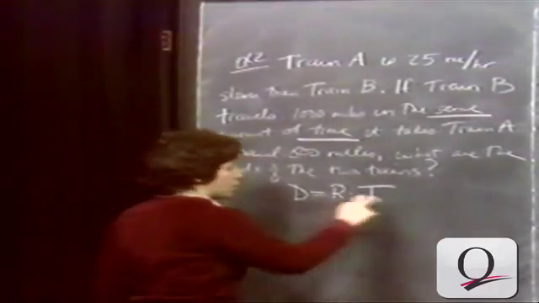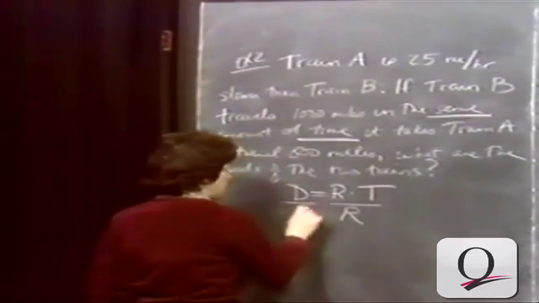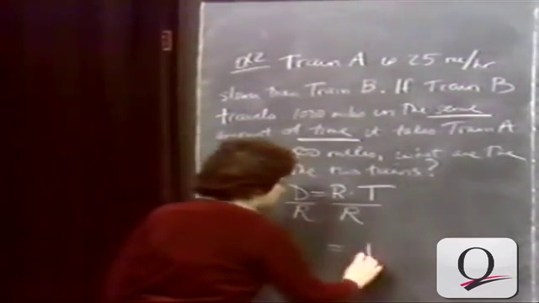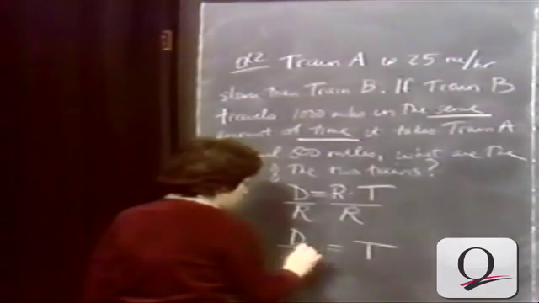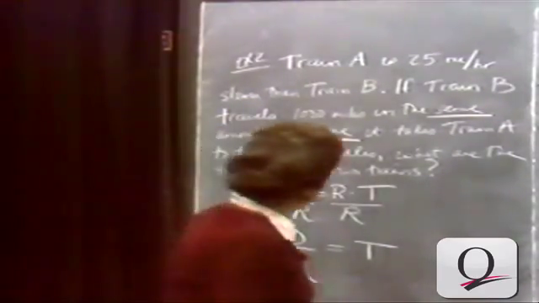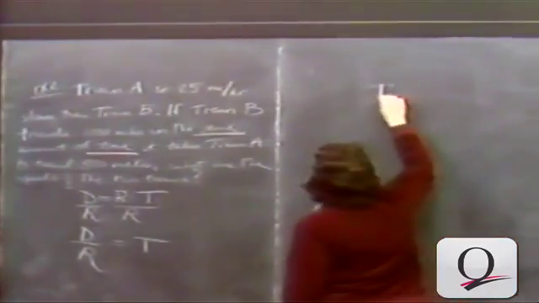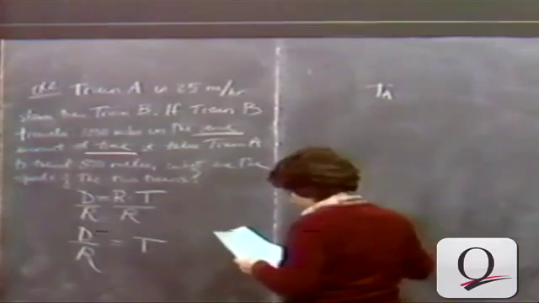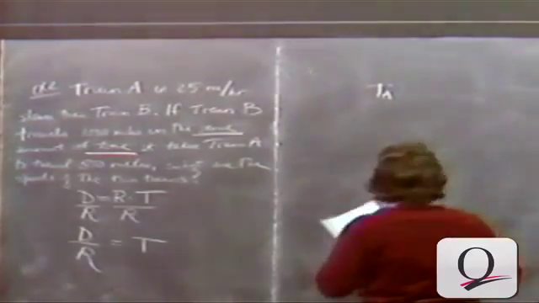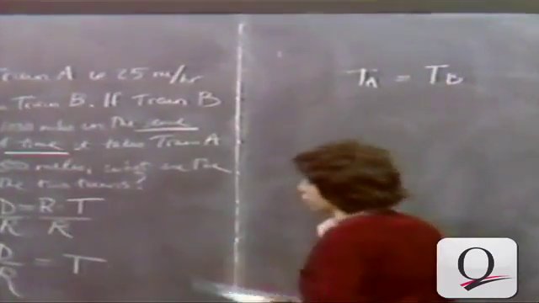Well, if d is equal to r times t, then dividing both sides by r, it's clear that t is equal to d over r. And what we're going to do here is to say the time that train A travels is equal to the time that train B travels.